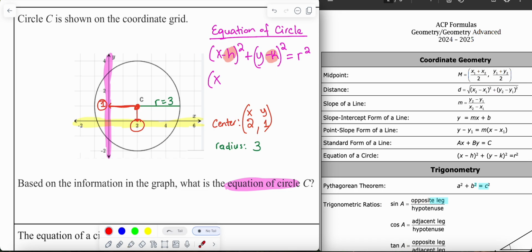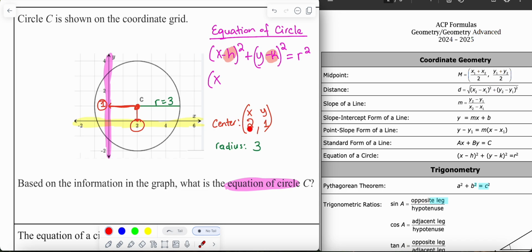Notice where this says x right here in the equation. So we want to put a number beside the x value. Now, something that you need to note: right here, this is my x, and the x value here is 2. It's a positive 2. When you are writing the equation, it's always the opposite.